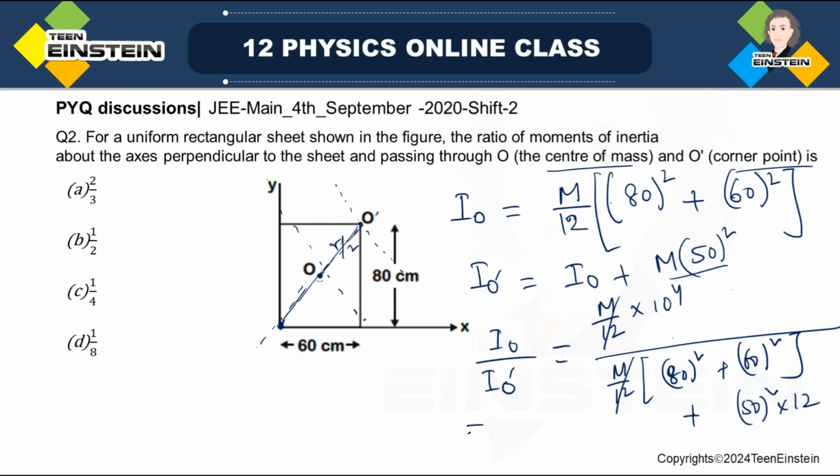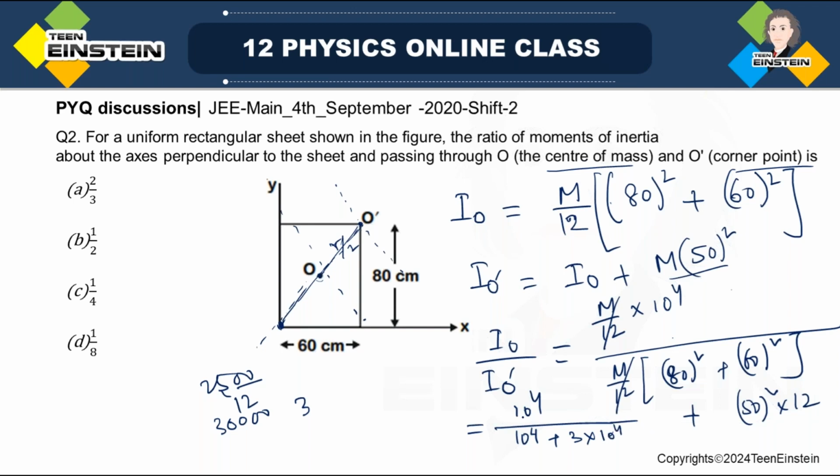Then what we get: 10 to the power 4 divided by 10 to the power 4 plus 50 square, that means 2500 along with that 12, so it will give you 300. So it will be actually 3 into 10 to the power 4.